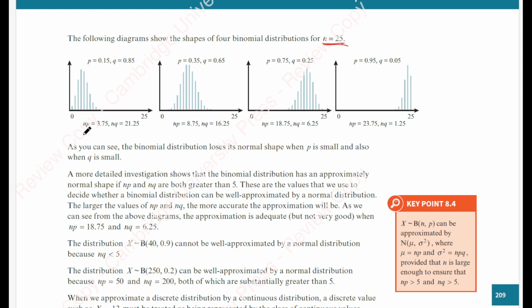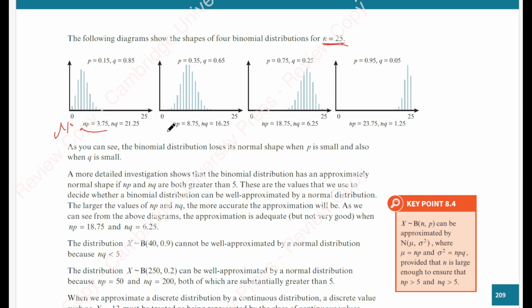And here are np and nq. Remember, np was the mathematical expectation for the binomial distribution, and nq is n times the complementary probability.